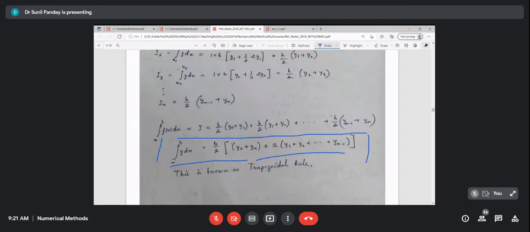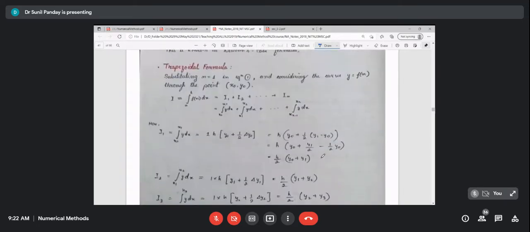If we have divided this interval a to b into n subintervals, then the formula is h by 2 in brackets, y naught plus yn, plus 2 times y1 plus y2 up to yn minus 1. And if you remember how we derived this formula, in the Newton Cotes formula we substituted n equal to 1.